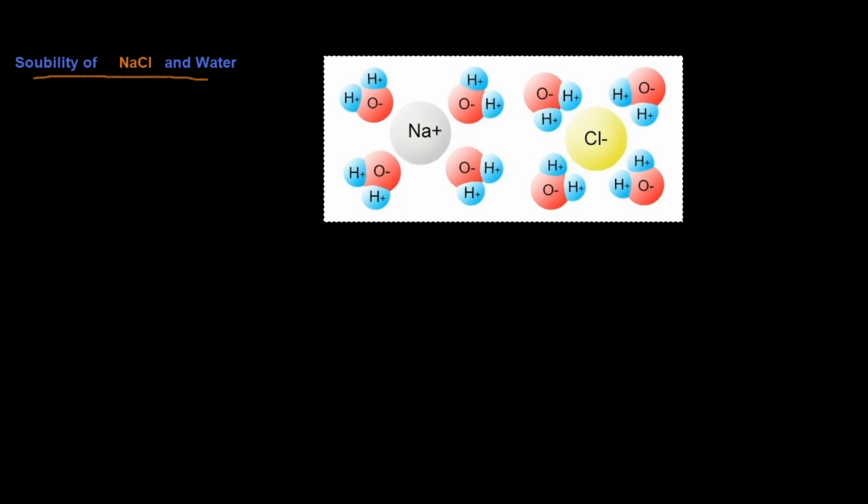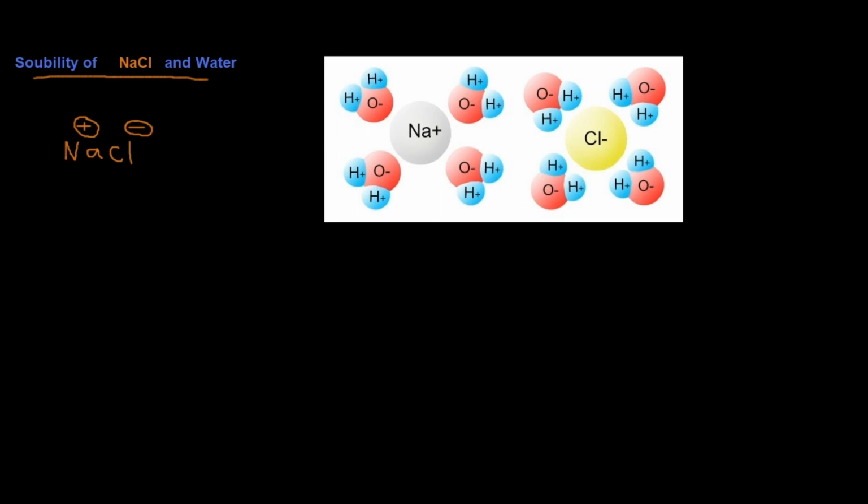Sodium chloride is made from positive sodium ions. As you can see, sodium chloride, NaCl, is ionic in nature. Sodium has a positive charge while the chloride ion has a negative charge. So sodium chloride is made from positive sodium ions bonded to negative chloride ions.